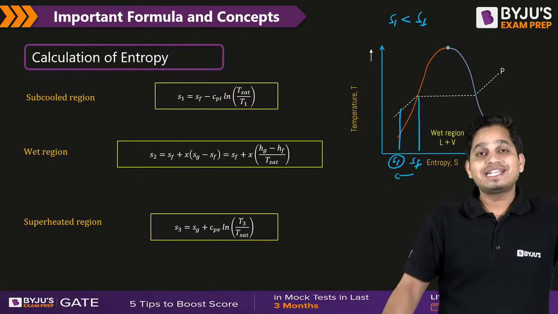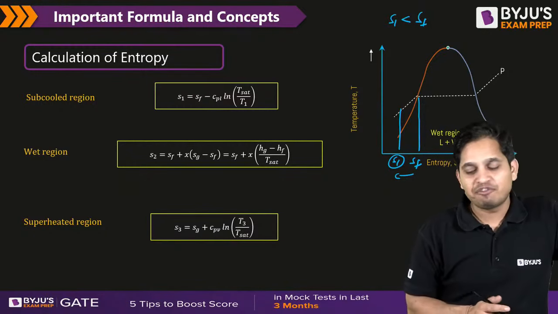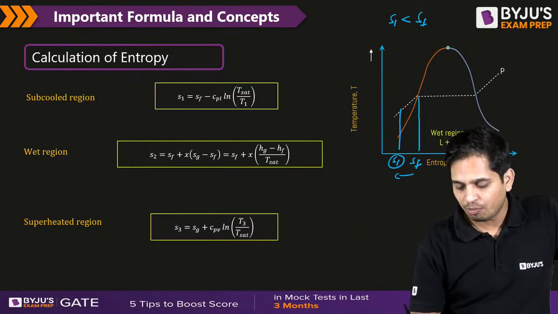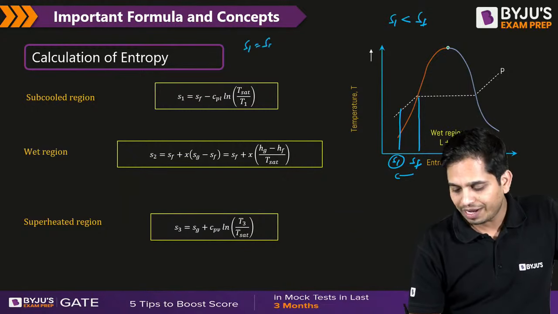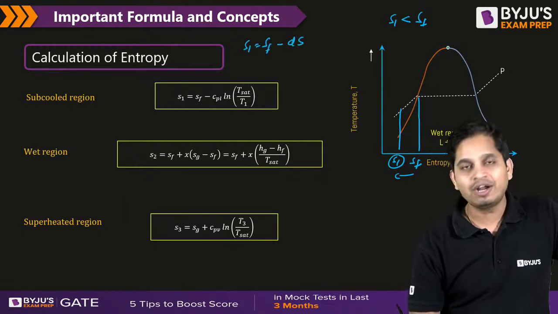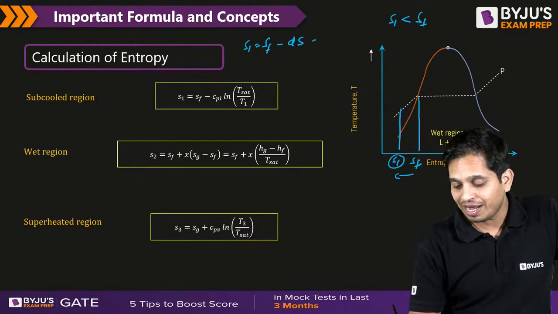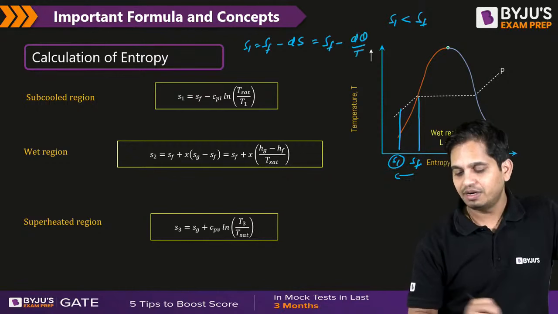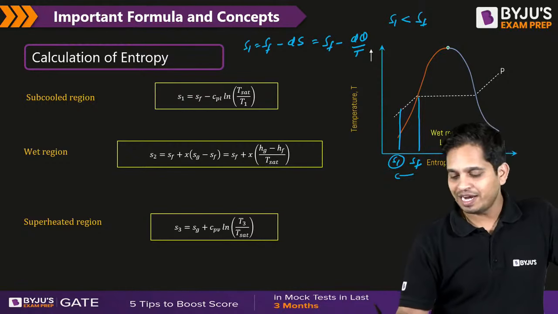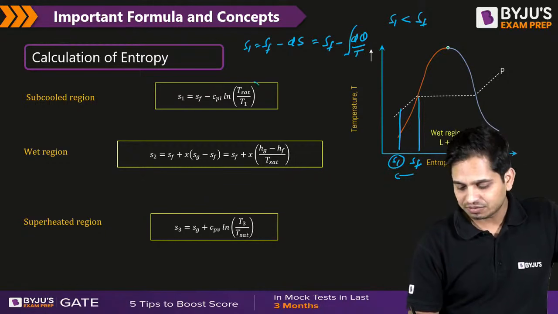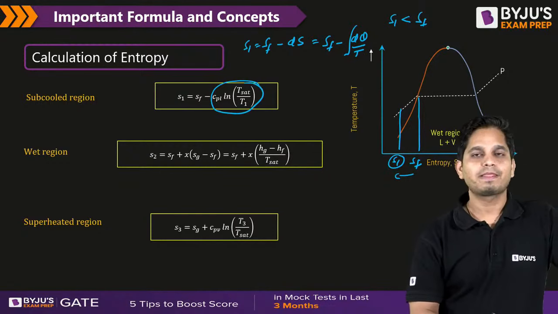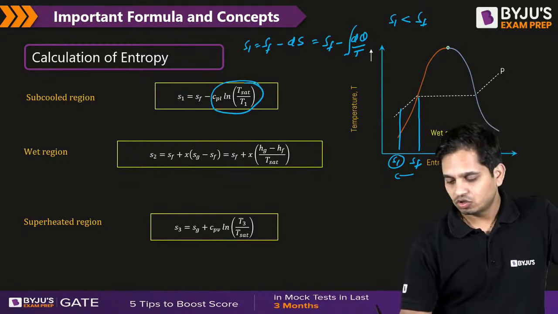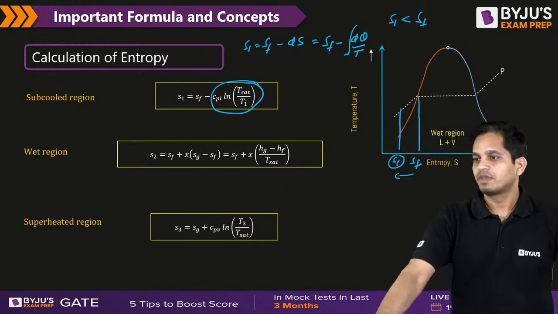S1 is equal to SF minus the change in entropy, which is dQ by T, and then I need to integrate, so I'll get this.